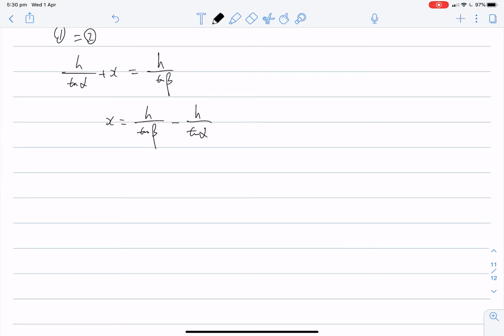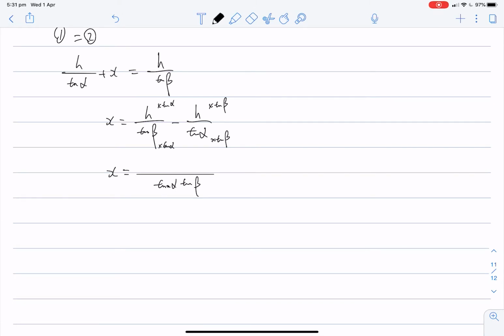So, let's do common denominator, tan alpha times tan beta. So you've got tan alpha tan beta on the bottom as common denominator.